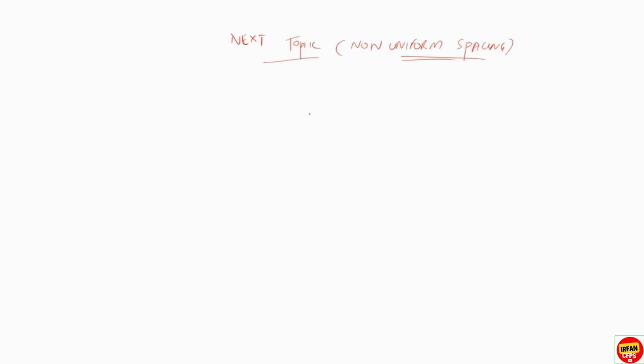Non-uniform spacing of the sprinklers. Here the concept is a little bit different. So I'll try to draw a simple figure first to explain this.